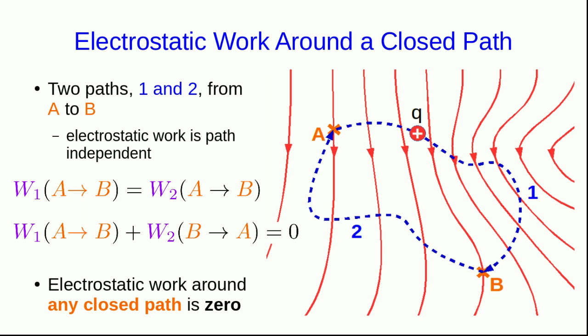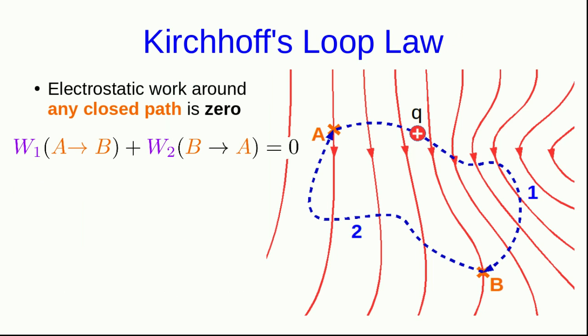And so it must always be true for any points that form a closed path. The electrostatic work around any closed path has to be 0. The fact that electrostatic work around any closed path is 0 has consequences for potential difference, and it's going to be a particularly useful consequence.